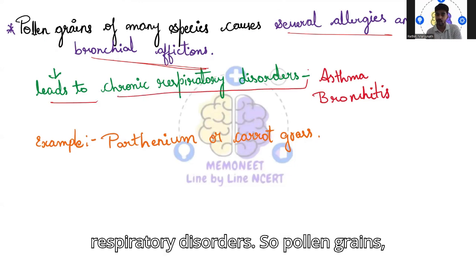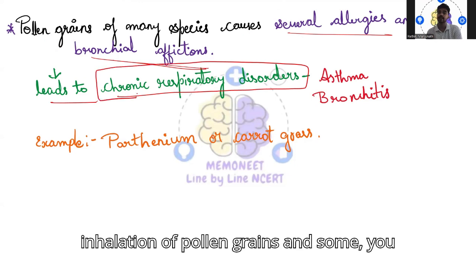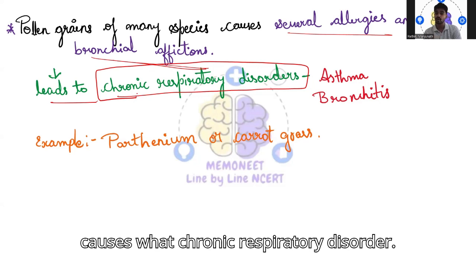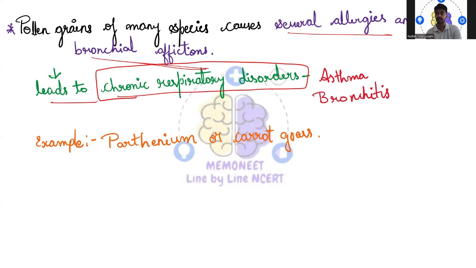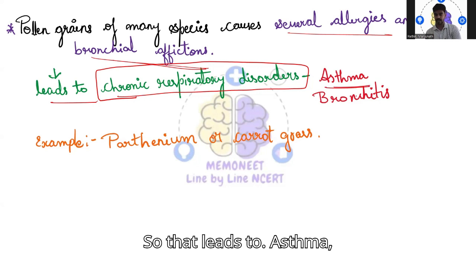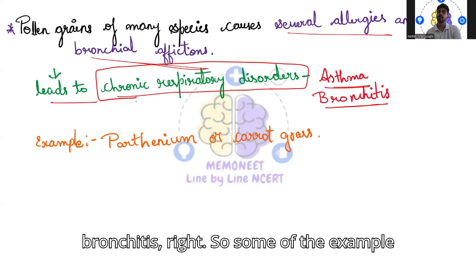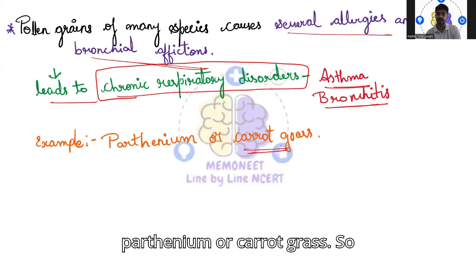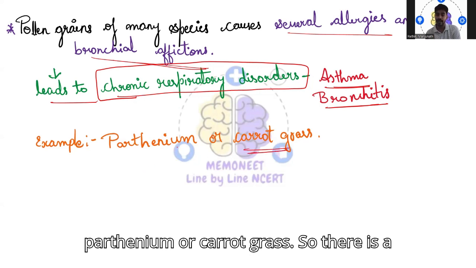Chronic respiratory disorders. Inhalation of pollen grains by some human beings causes chronic respiratory disorders, which lead to asthma and bronchitis, right? Some examples of such pollen grains are Parthenium, or carrot grass.